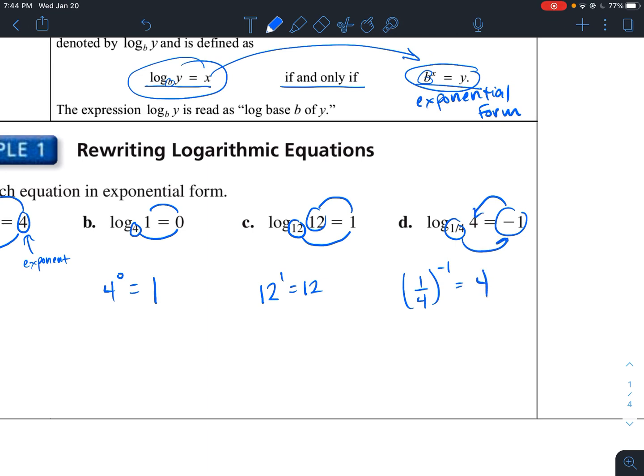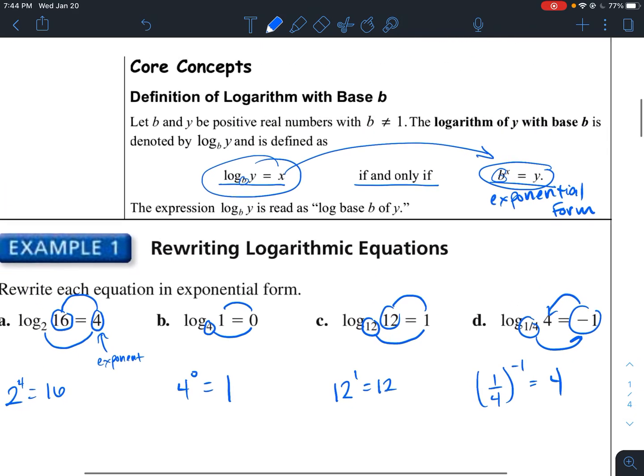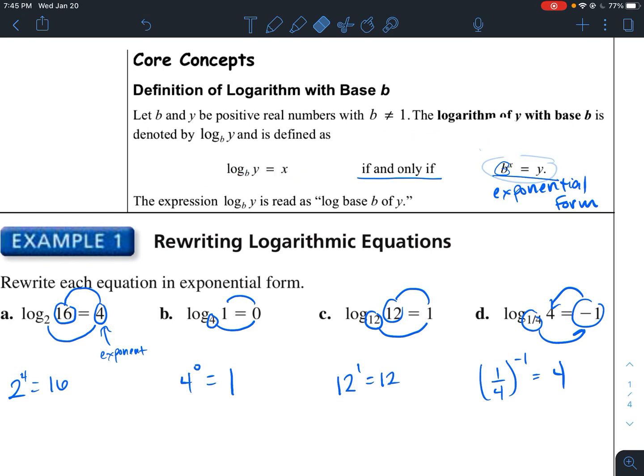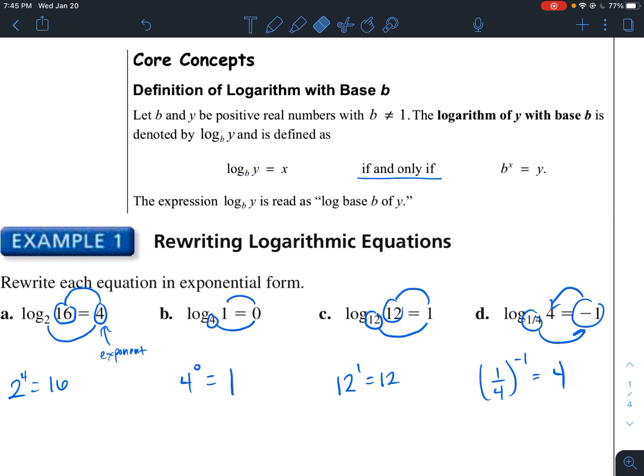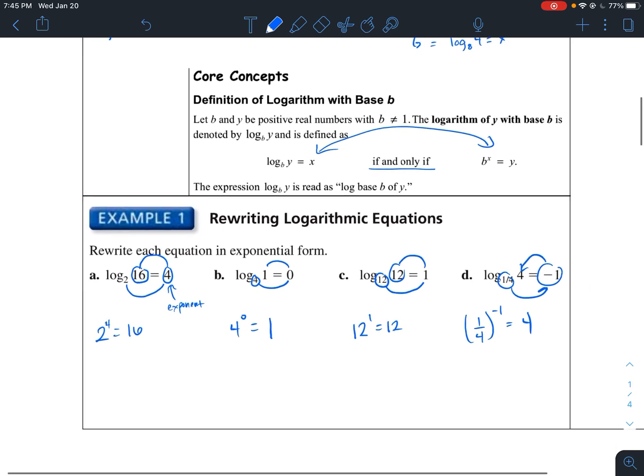And all these hold to be true. So thus we've just shown that these two forms are equivalent to each other, just written in a different way. One's in logarithmic form and one's in exponential form.